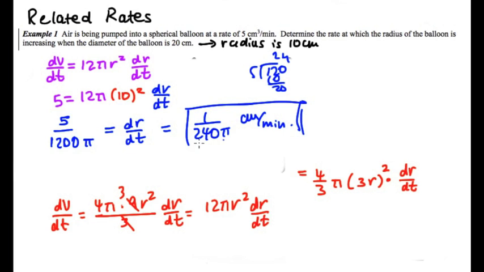So this is an application of implicit differentiation. We treat V as a function of t, we treat r as a function of t, and we use the chain rule if we need to, and accordingly solve for a certain variable, whether that be r prime or V prime, whatever the formula calls for.